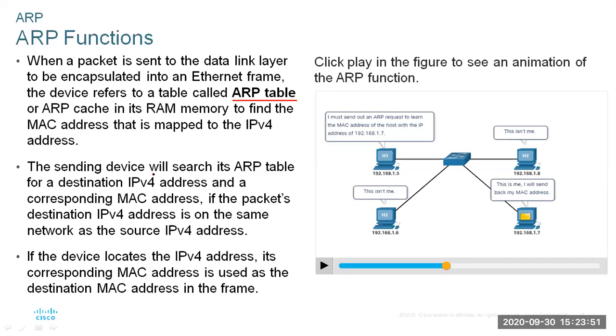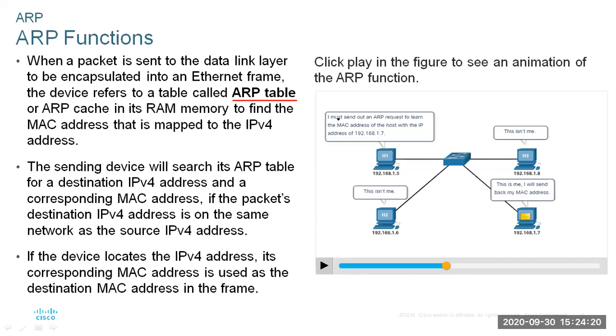Okay, the sending device will search the ARP table for the destination IP version 4 address and a corresponding MAC address, if the packet's destination IP version 4 address is on the same network as the source address. If the device locates the IP version 4 address, its corresponding MAC address is used as the destination MAC address in the frame. Now, this is what we are saying here.